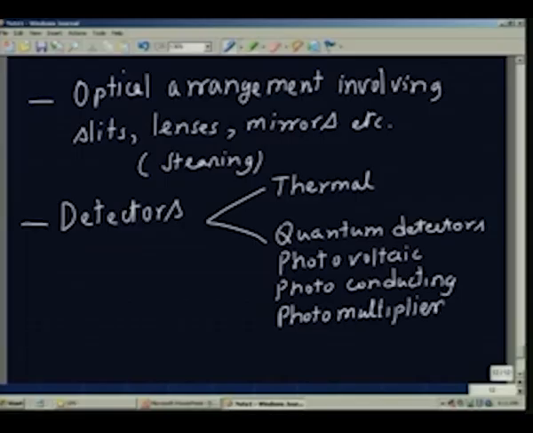These are also called PMTs. These photomultipliers come with different materials, so that they will respond in different regions of the electromagnetic spectrum, and they are the most sensitive of all the things which we have talked about.